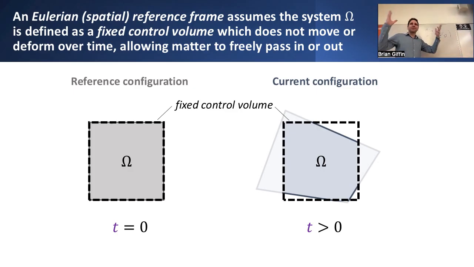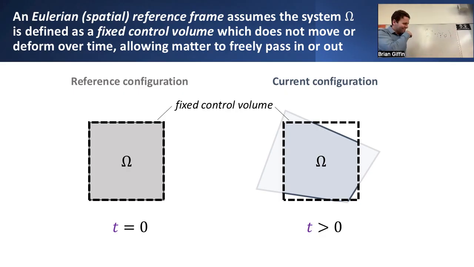Now, this particular choice of specifying a control volume, as it's sometimes referred to, is consistent with a so-called Eulerian reference frame. Who has maybe heard of this terminology of defining a control volume or thinking of things in terms of an Eulerian reference frame? Is this a new terminology? You've heard it before?